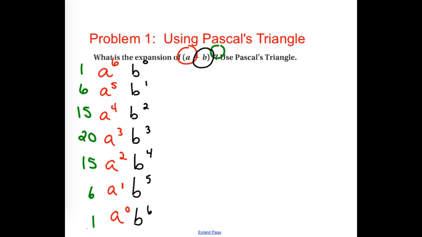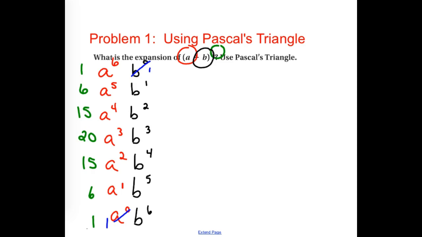Okay? As I said, this one's a pretty basic one. We don't have a lot of calculations to do. We do need to recognize that anything to the 0 power is 1. So when I see this, b to the 0, I'm going to think of that as a 1. And down at the bottom, a to the 0, I'm going to think of that as a 1.